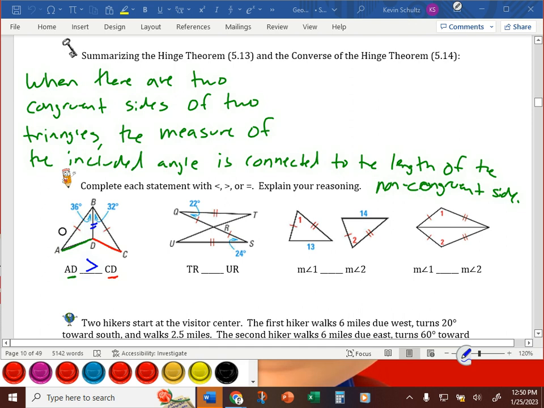That measure of that included angle is directly connected to the measure of that opposite side, the non-congruent side. Damien, how do I prove that though? We're not gonna prove it. The beauty of the Hinge theorem and any theorem that we had talked about here is that we don't have to prove it because someone already did. Then why do we have to do the lessons before?